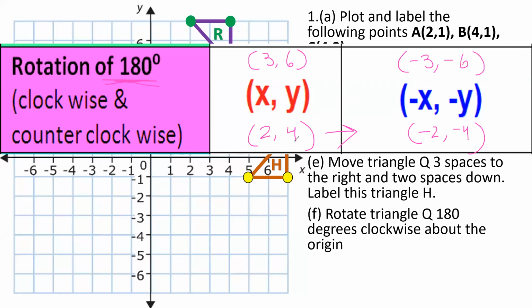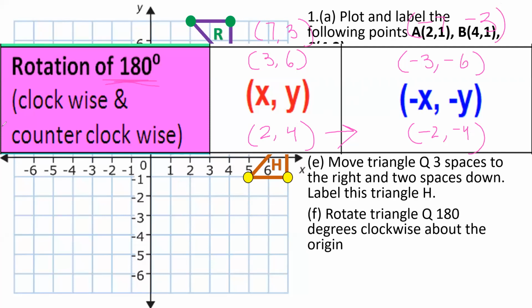So if they give you the point (2, 4), just put a negative in front of the 2 and a negative in front of the 4. For example, if they give you the point (7, 3), the coordinates of the rotation are going to be (-7, -3). That's all I'm saying.